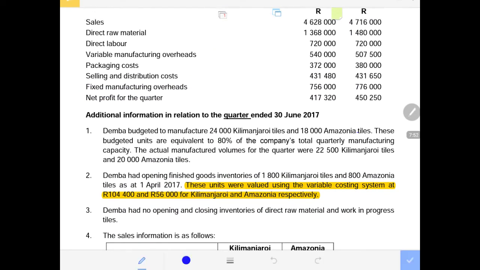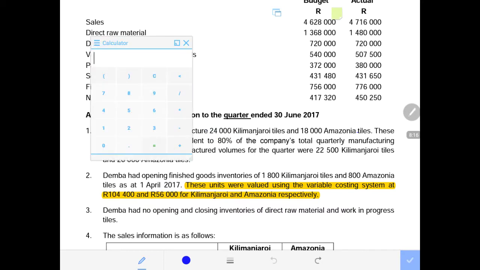We have information that is additionally provided to us, which says Demba budgeted to manufacture 24,000 units of Kilimanjaro tiles and 18,000 Amazonia tiles. And these budgeted units are equivalent to 80% of the company's total quarterly manufacturing capacity. So now these units of 24,000 is not the quarterly normal capacity because it's 80%.